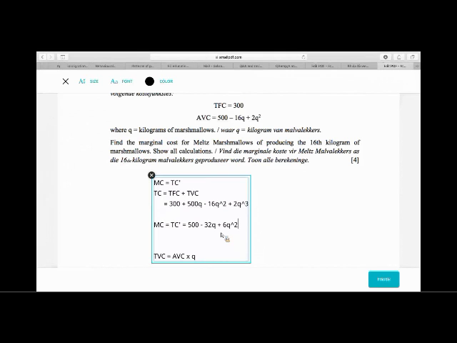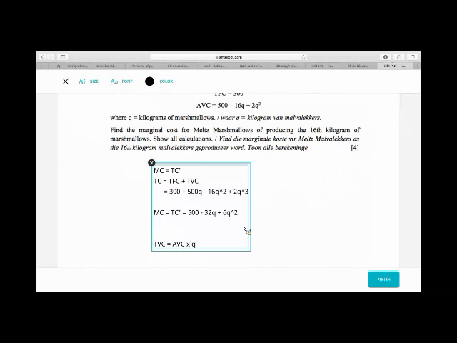But now the question is asking me to specifically calculate the marginal cost of the 16th kilogram of marshmallows, which is what Q represents. So the marginal cost when Q equals 16 is going to be 500 minus 32 times 16. So all I'm going to do is sub in 16 for wherever I see Q, plus 6 times 16 squared.